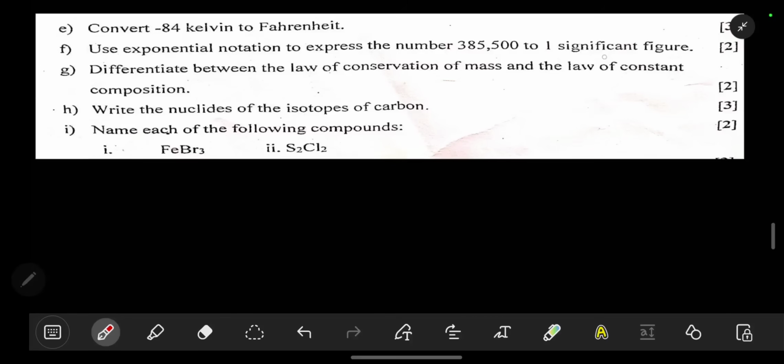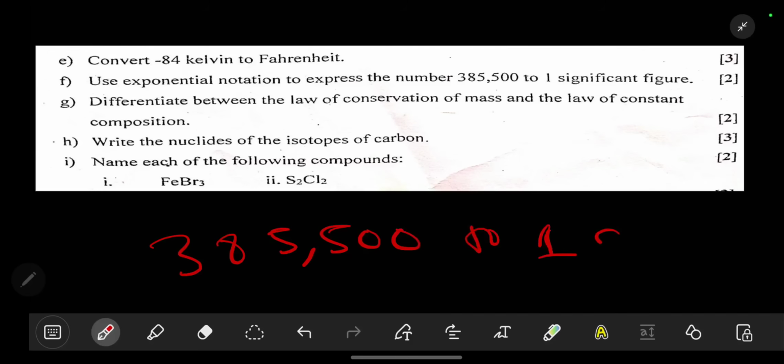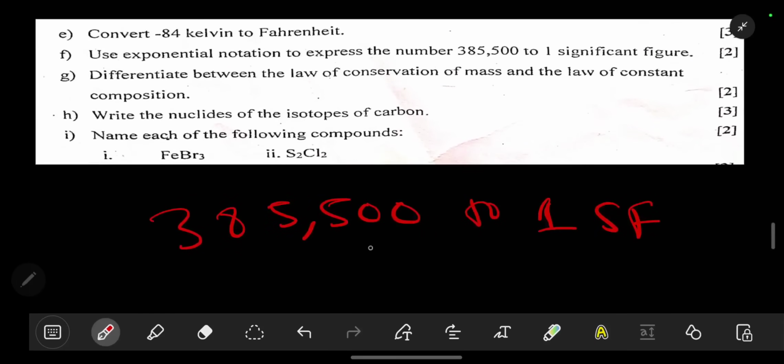Let's move on. For F, use the exponential notation to express the number 385500 to one significant figure. So how do you express this value to one significant figure? You have all these zeros. First, you're going to count the number of zeros.